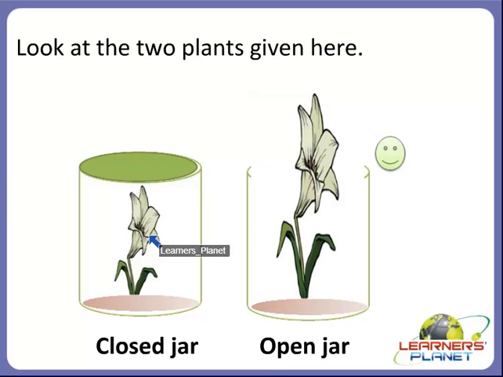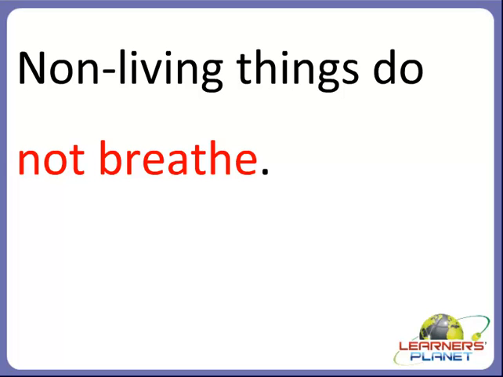So this plant will die, but this plant will grow. The plant in the open jar looks fresh and happy. So children, we can say that living things breathe, but non-living things do not breathe.